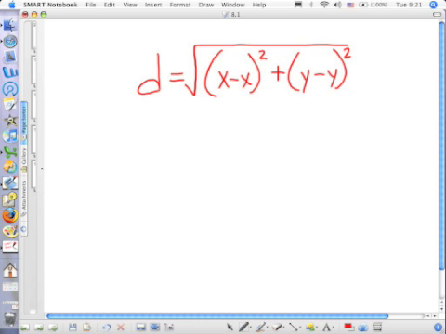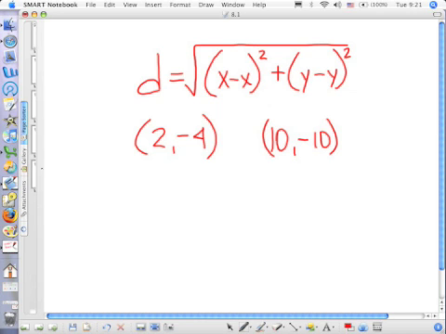All right, so first thing we're going to do is find the distance between (2, -4) and (10, -10) without putting it on an XY coordinate plane.